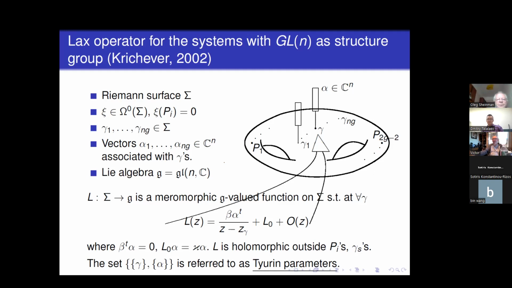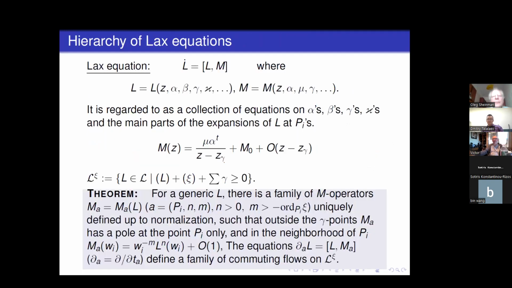Well, now the hierarchy of equations of the Hitchin system, following the idea by Igor Krichever, is defined as follows. It is defined by Lax equations.